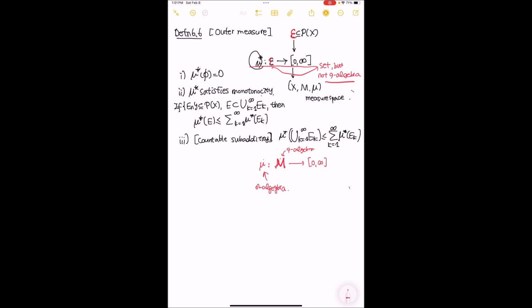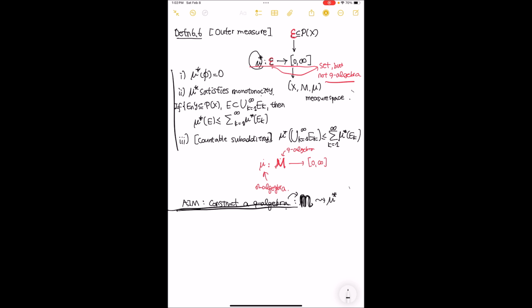Okay, so the next aim is to construct a sigma algebra, say M. If we construct the sigma algebra M, then restrict to it.